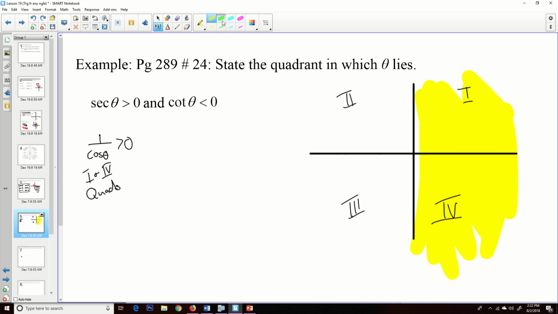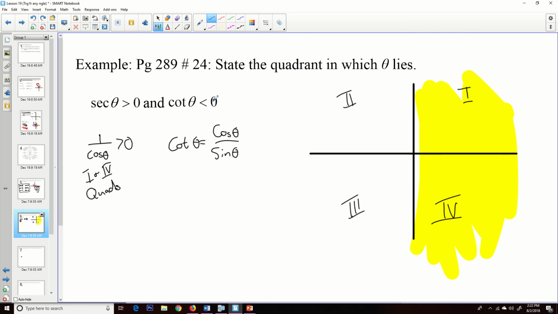Okay, that's no problem. Cotangent is negative. All right, so cotangent, let's see, what was cotangent? The cotangent of theta is equal to cosine theta over sine theta, and that still has to be less than 0.